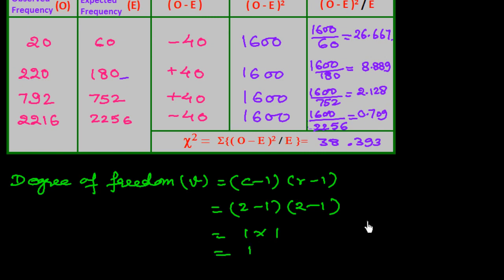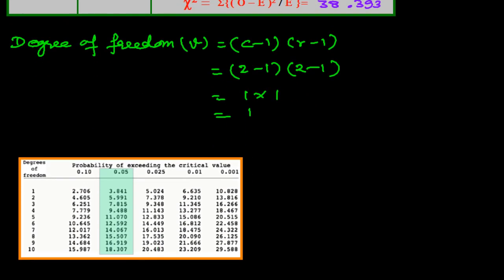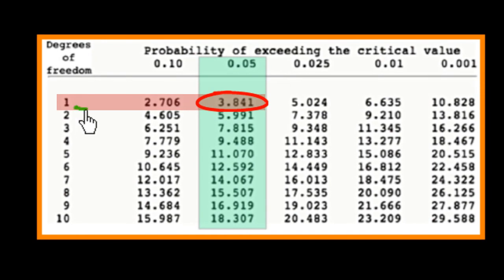So the degree of freedom is 1. We look at degree of freedom 1, and at 5% the value is 3.841.